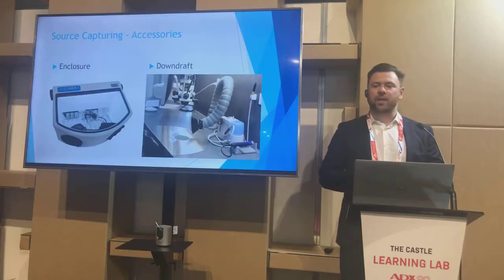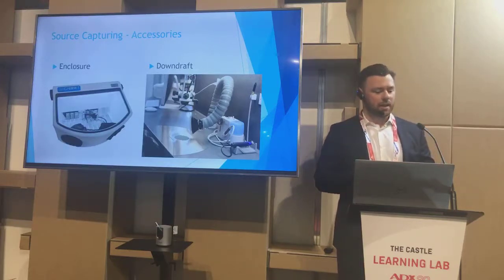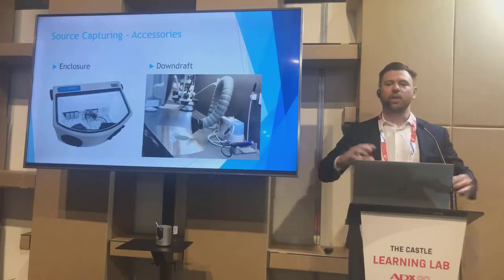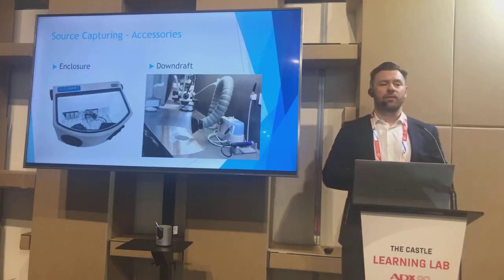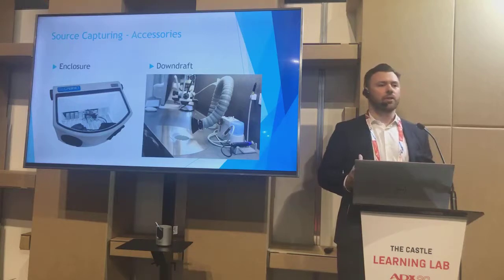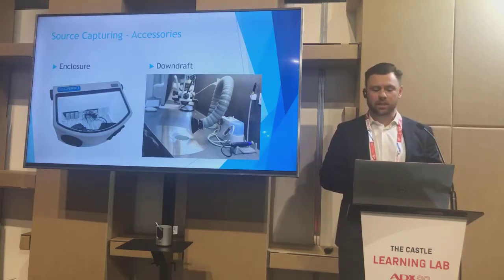Okay, the source capturing accessories, you kind of have 2 routes. One route is putting it in an enclosure. So we developed different types of products where we can enclose all of your working space.